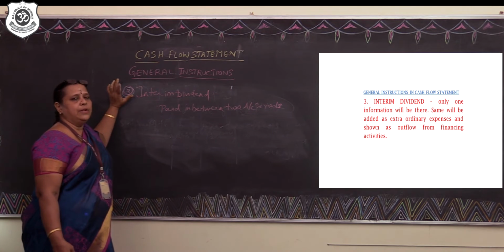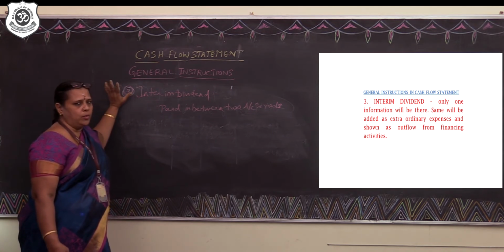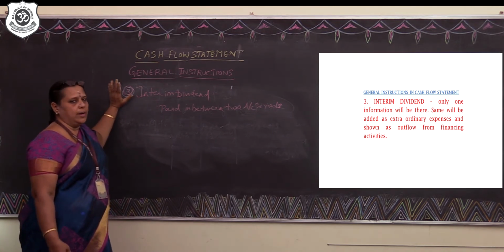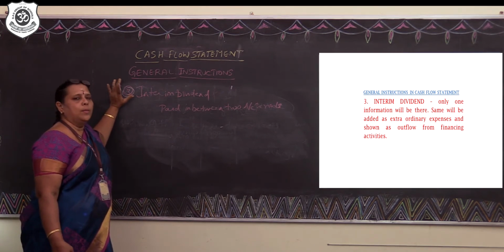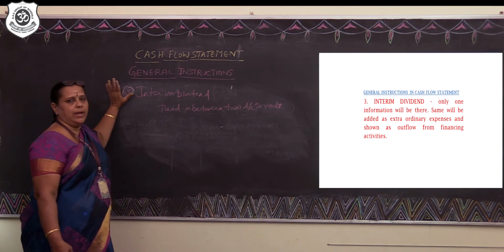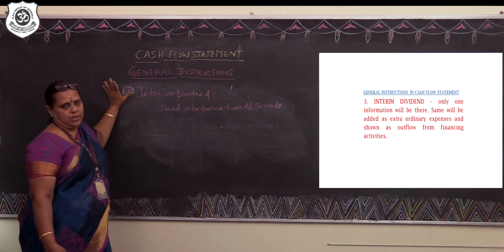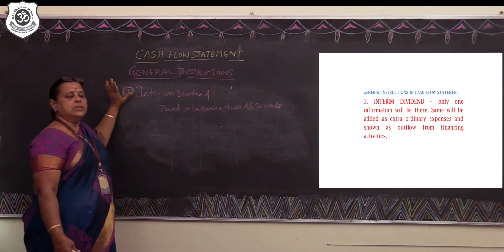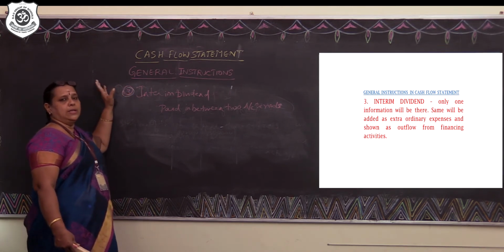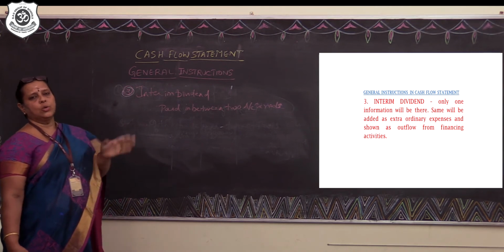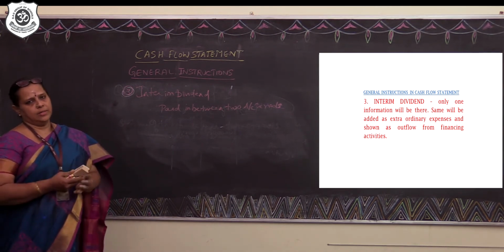So, interim dividend will always be only one amount. There will be only one amount. That same amount will be treated as an extraordinary item and shown as an outflow from financing activities.